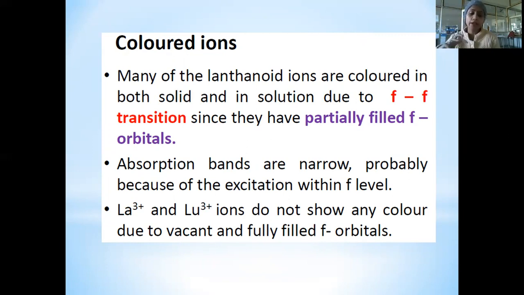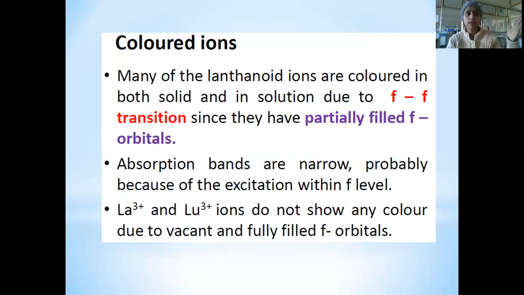Because there is absorption of light, absorption of energy, and then the corresponding color, these absorption bands are narrow. Why? Because the transitions are happening within the f levels only. Now it is found that the first and the last element of the series, that is the lanthanum trivalent cation and the lutetium trivalent cation, do not show any color.